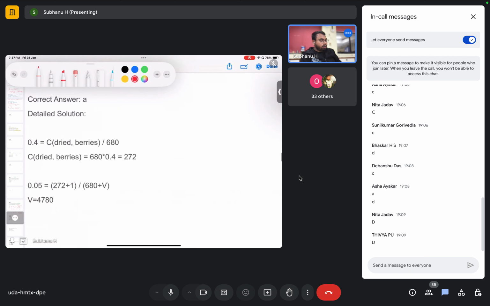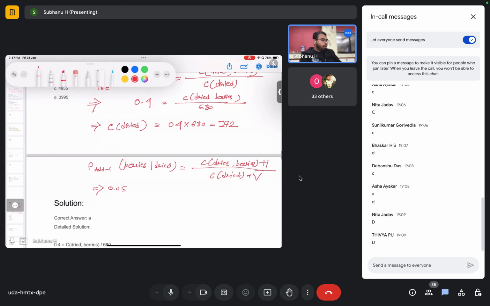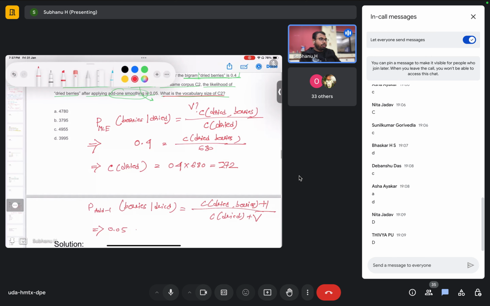So it is 272 plus 1 by 680 plus V, and if you solve it, you will get V as 4780. I think you get it. Yeah, this was all.